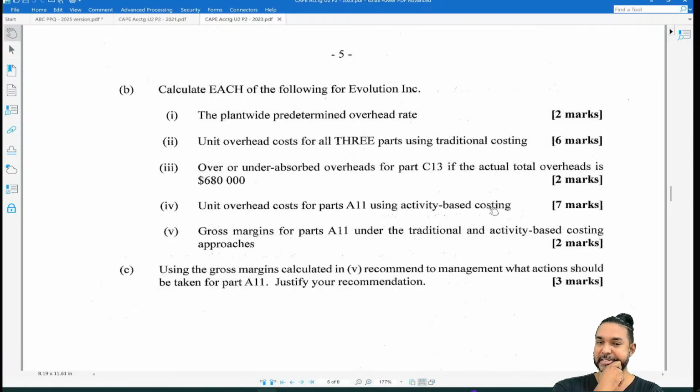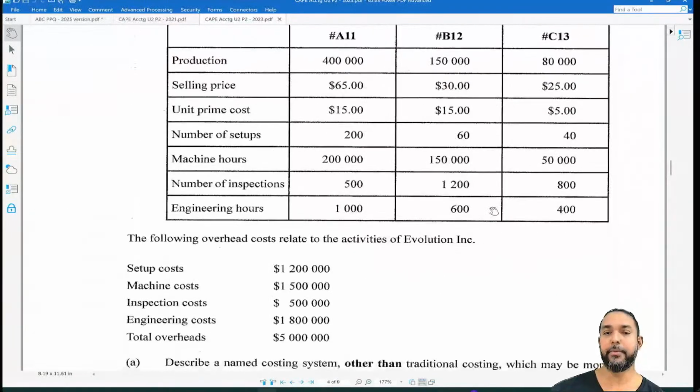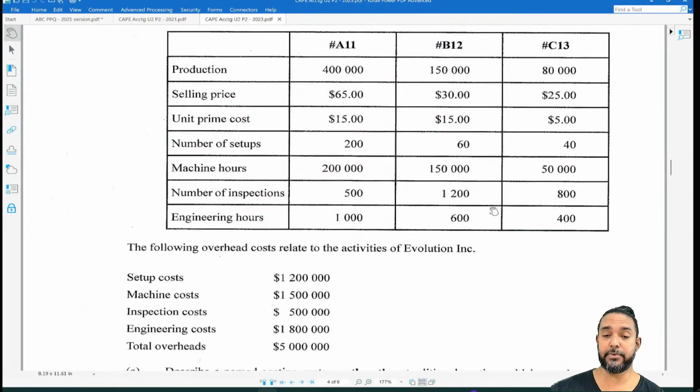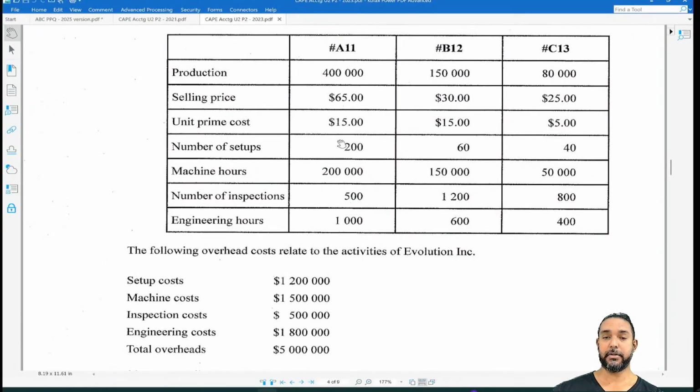Why do they keep saying parts A11? Like the plural of the word part, under traditional and activity-based. Use the gross margins calculated to recommend what action should be taken for it. Okay, cool. All right. So, basically what we want to do is calculate the cost for part A11, right, using ABC. All right.